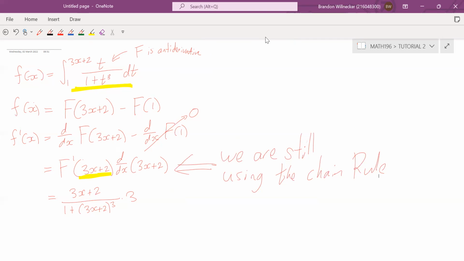But please be careful of this method, because when you're writing this capital F, this capital F is not the antiderivative of the function given.